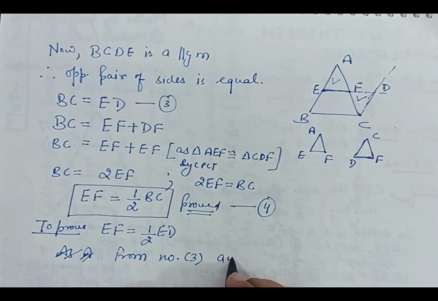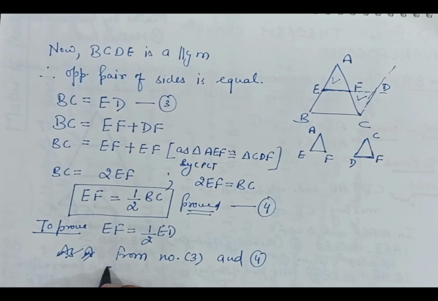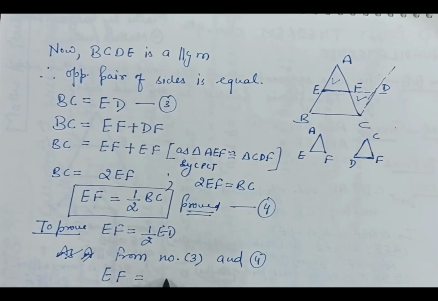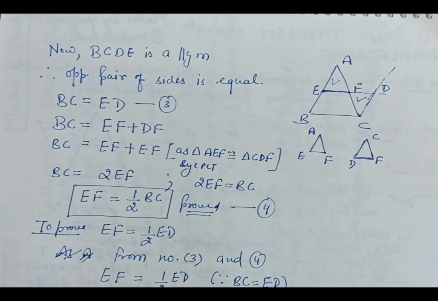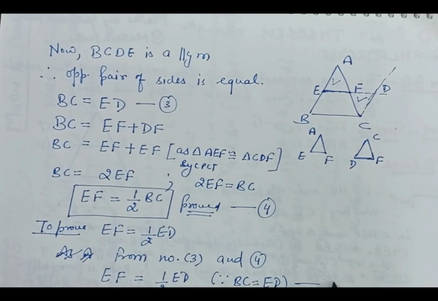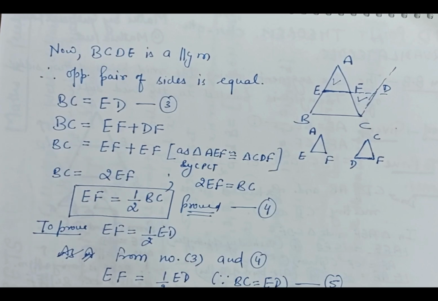From number 3 and number 4, I can directly write EF is equal to half of ED, or in brackets you can write because BC is equal to ED. Therefore, by combining these two results, this is number 5. We can write that EF is equal to half of ED is equal to half of BC.